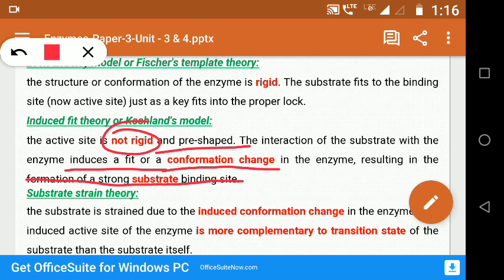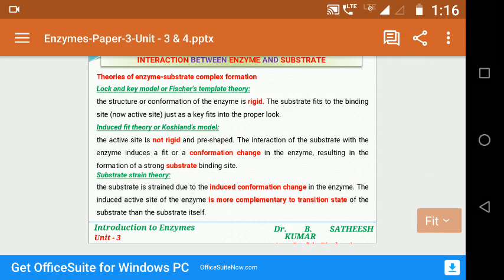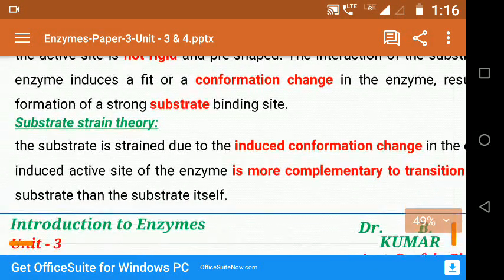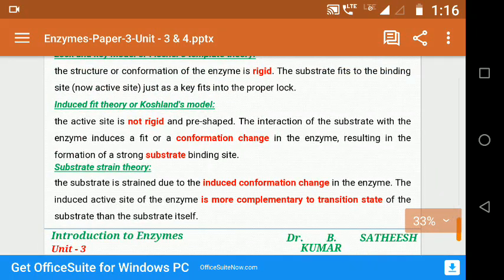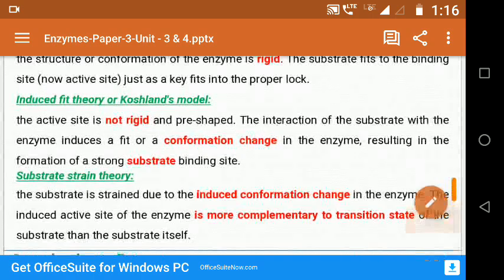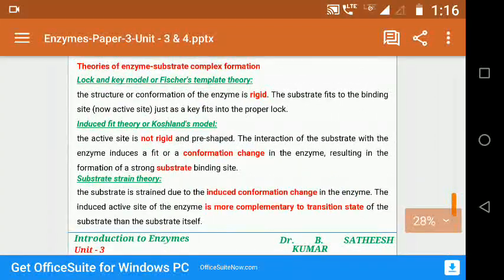So later on, we have one more reliable theory put forth. That theory is known as substrate strain theory. In fact, this theory is also a modification or an improvement of the second theory, that is induced fit theory.